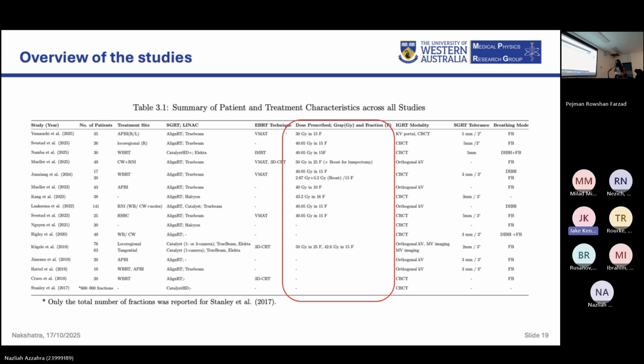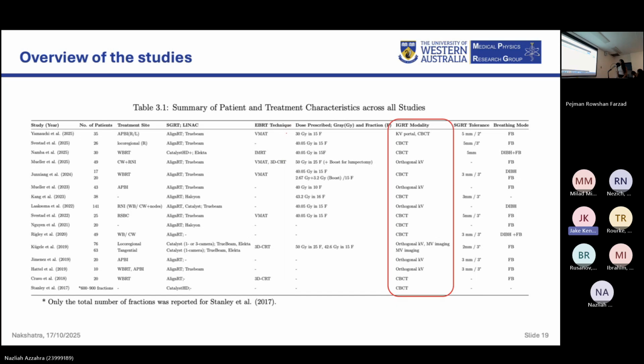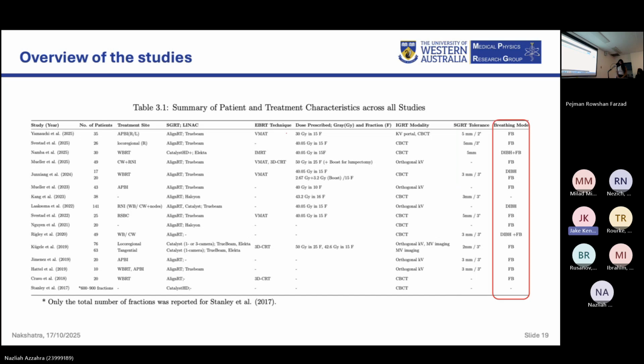As you can see, they are hypofractionated, so this enhances the need for precise positioning. IGRT modalities also vary a lot. CBCT and orthogonal kV were the commonly used ones. So SGRT tolerance is the tolerance beyond which the beam holds. 3 millimeters and 3 degrees were used in most of the studies because they are recommended by the vendors. And then whether DIBH was used or not.